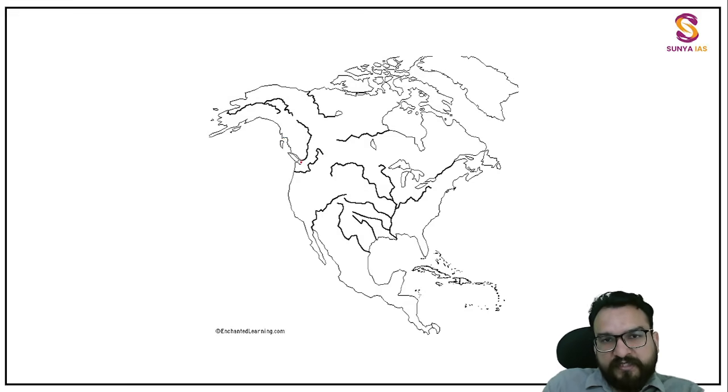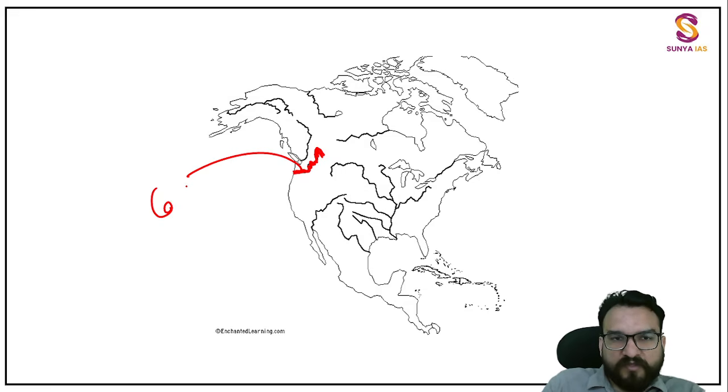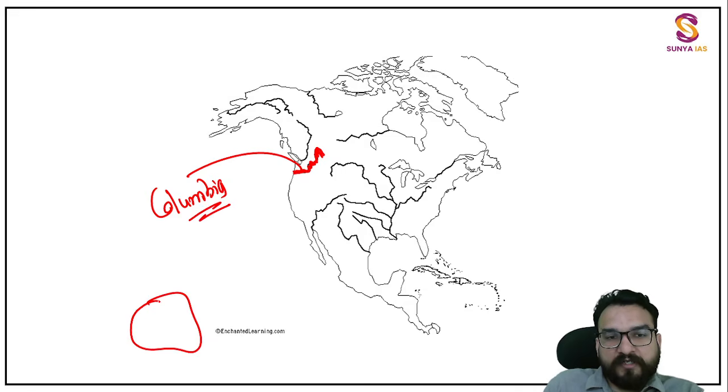Right now you see that this particular river is starting in Canada, crossing USA and flowing like this. And this is the river which is known as Columbia, right? Columbia River. Now this Columbia is of North America, not of Colombia the country. Remember South America, Colombia, right? Okay, this part you have understood.